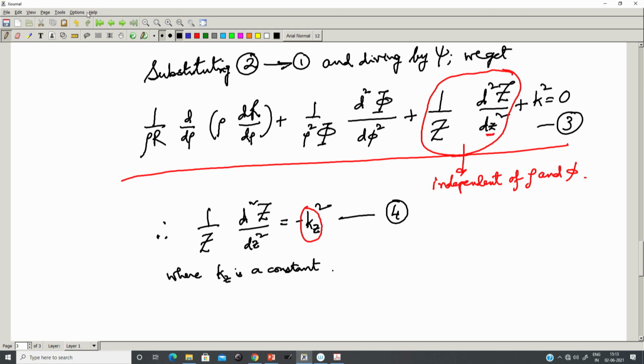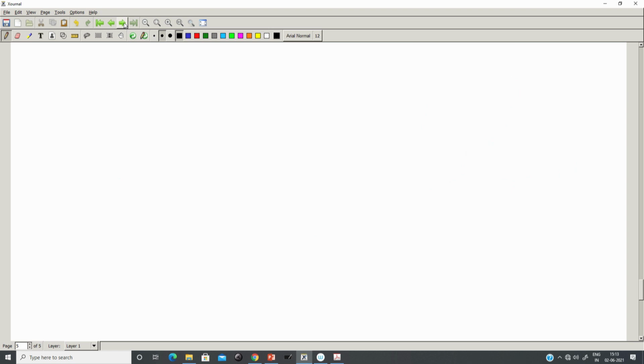Now, we substitute 4 into 3 and multiply by rho square.